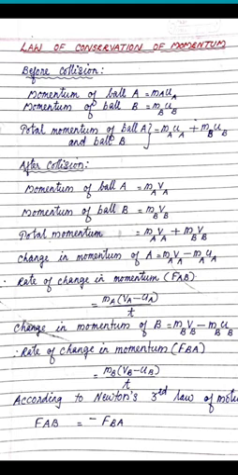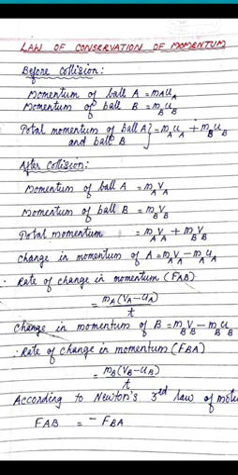Same way, the change in momentum of ball B is MB VB minus MB UB. Therefore, rate of change in momentum of ball B is MB into (VB minus UB) upon t.